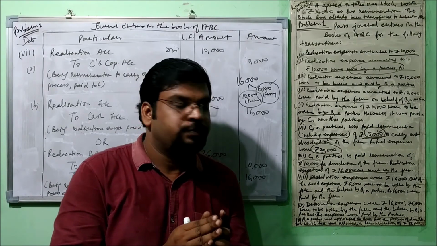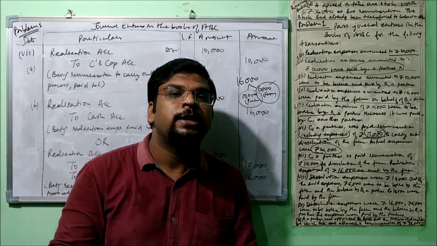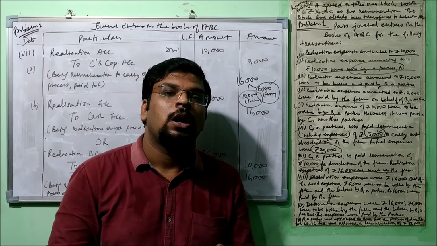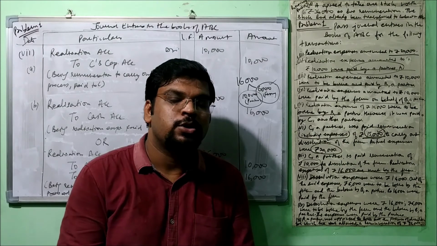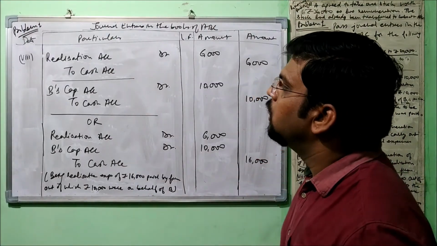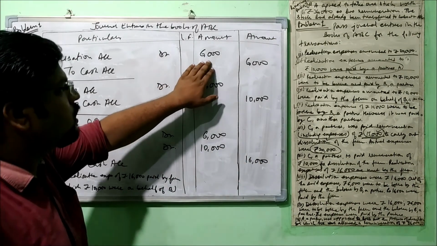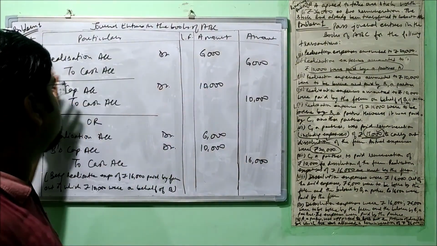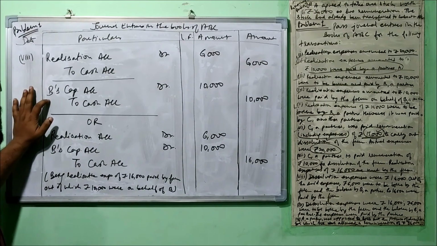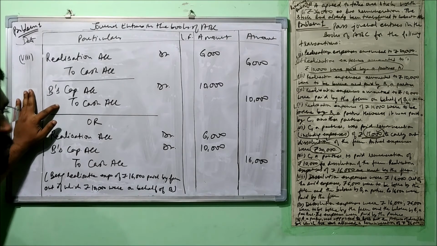Now for solving this problem, very first we will pass two entries and then I'll show you whether we can compound it or not. So have a look here. Realization account debit to cash account. This is for the portion which is to be borne by the firm. And B's capital account debit to cash account. This is for the 10,000 which was to be borne by B but paid by the firm.